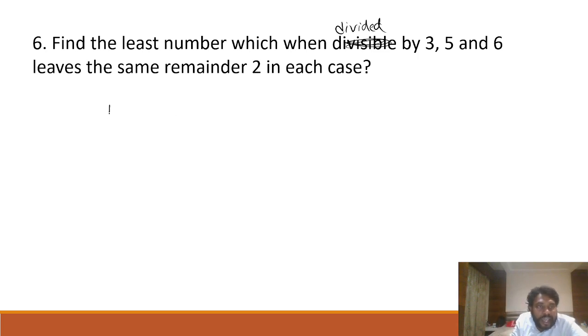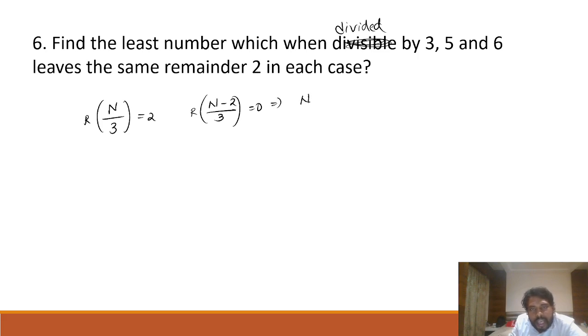Remainder is nothing but the extra part. What if I had subtracted that 2 from n itself and then divided? Obviously, that will be perfectly divisible. Whatever the extra part I have, if I subtract it and then divide with 3, I'm going to get remainder 0 for sure.